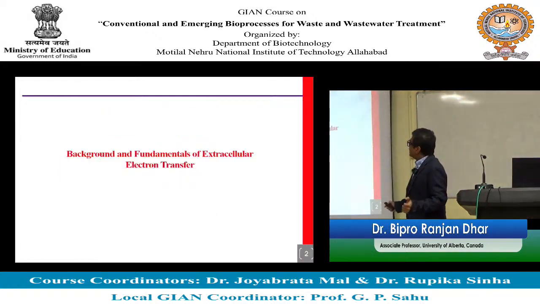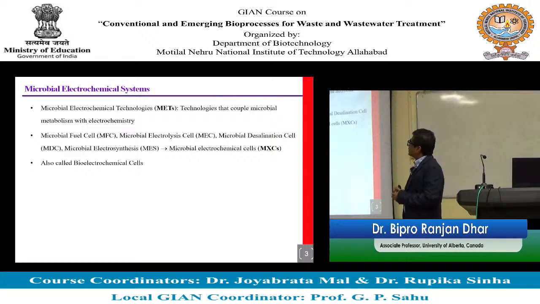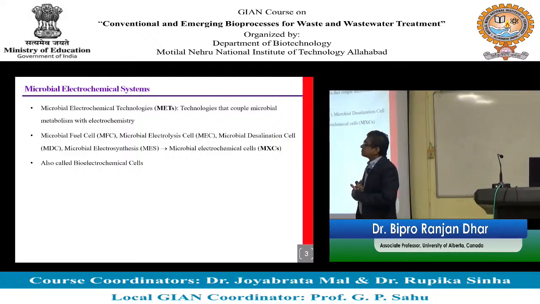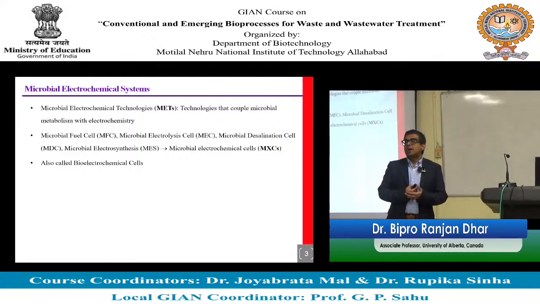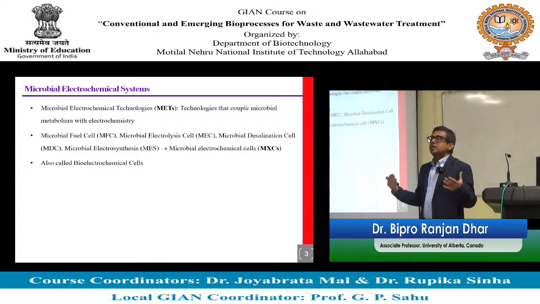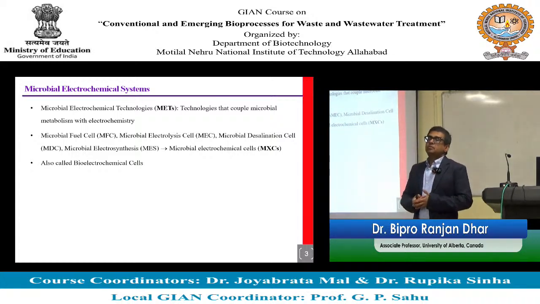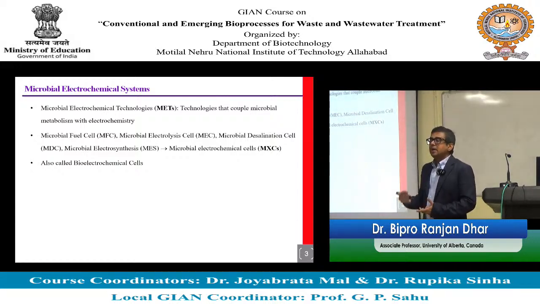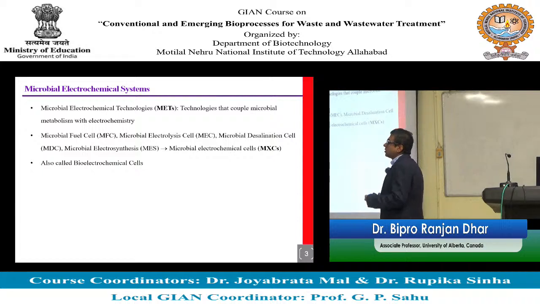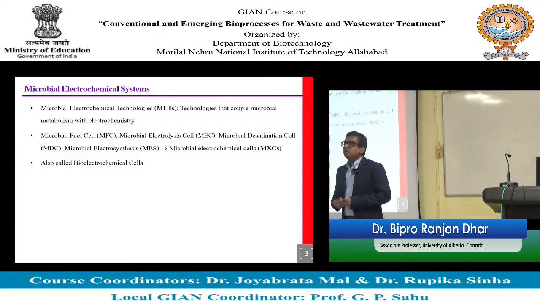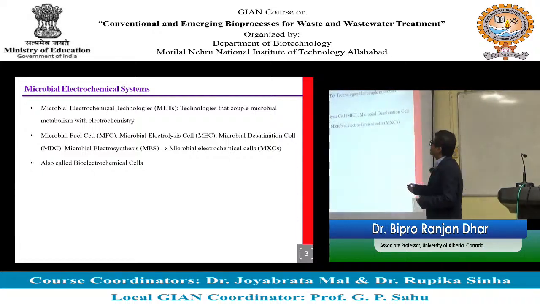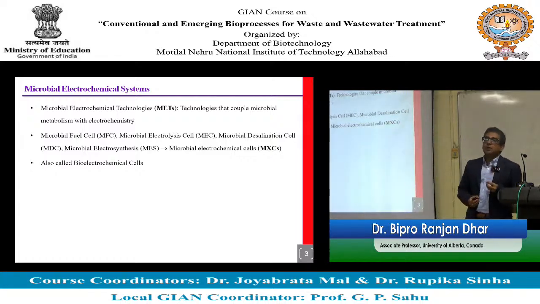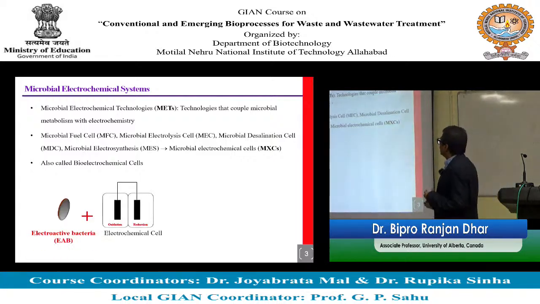Microbial electrochemical systems are an environmental bioprocess. In conventional environmental bioprocesses we utilize microbial metabolism, right? Here, in addition to microbial metabolism, we add electrochemistry. So we combine microbial metabolism with electrochemistry.